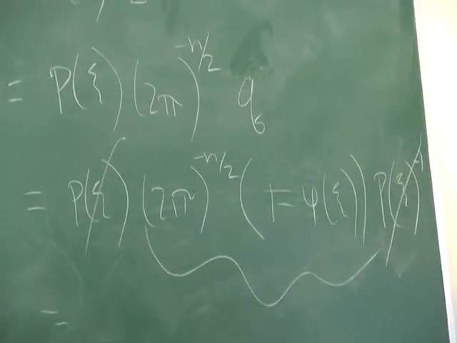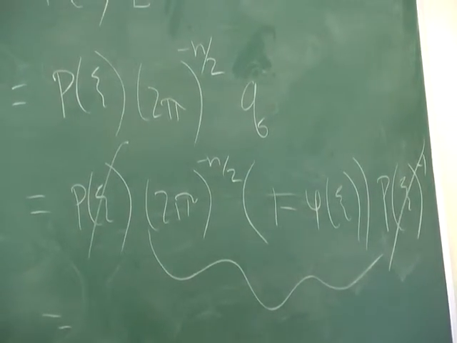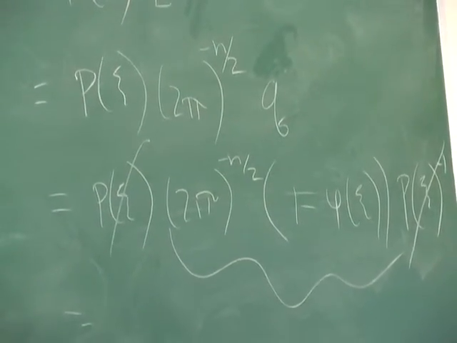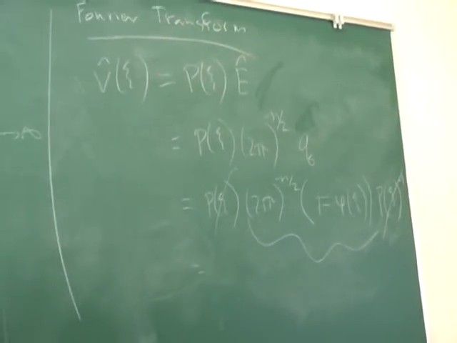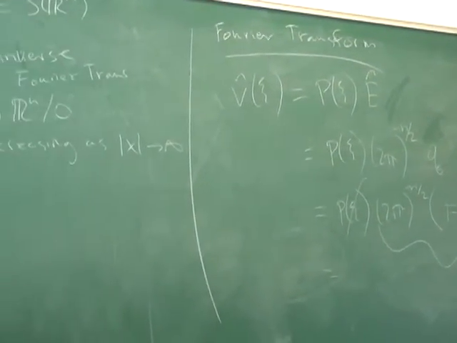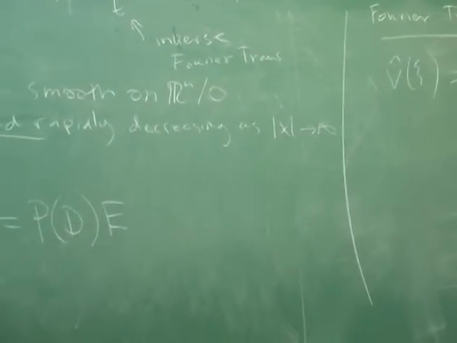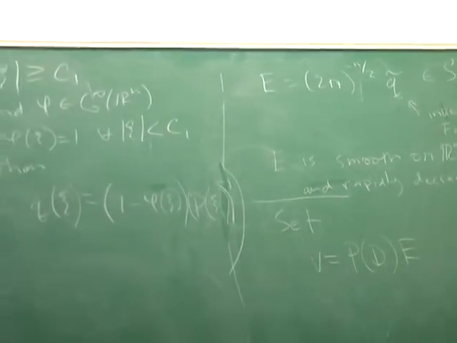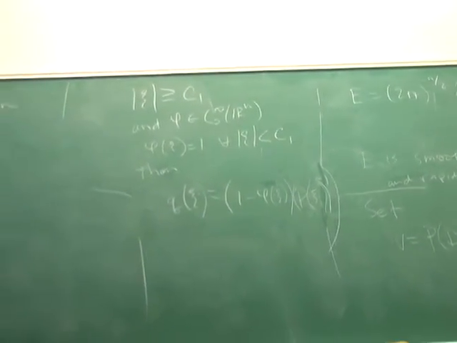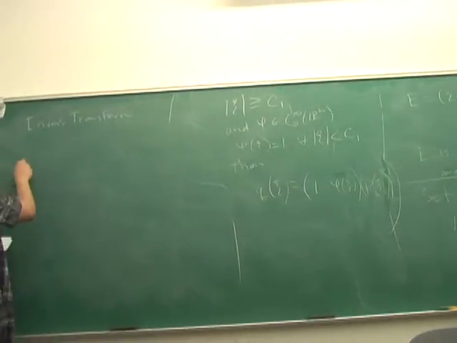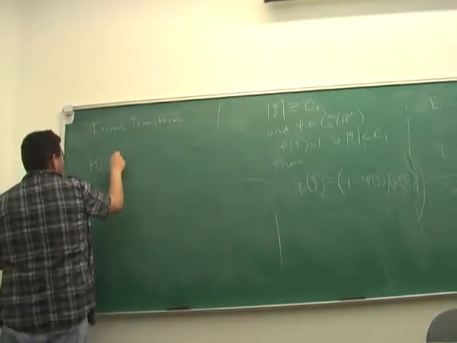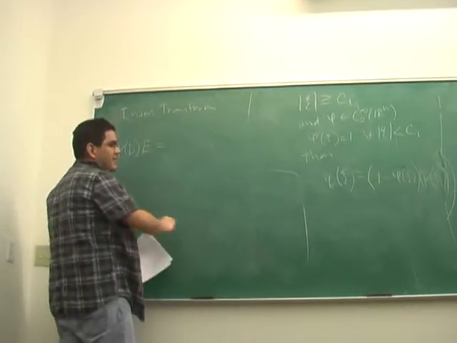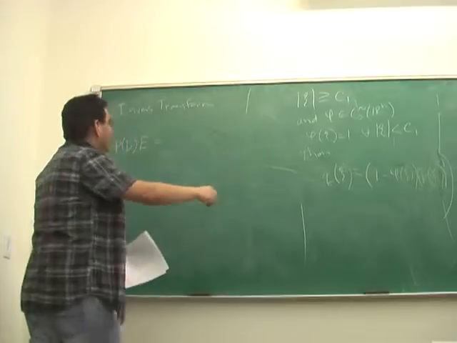Then we're going to take the transform back, the inverse transform, and we'll get P of D E equals, so take an inverse transform of the constant.